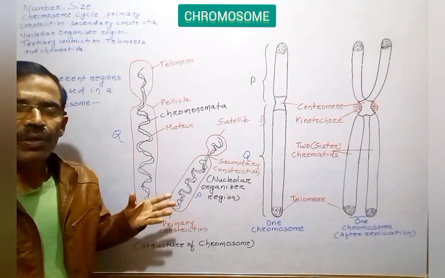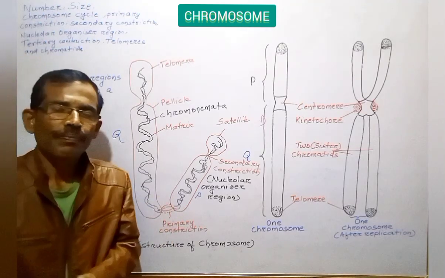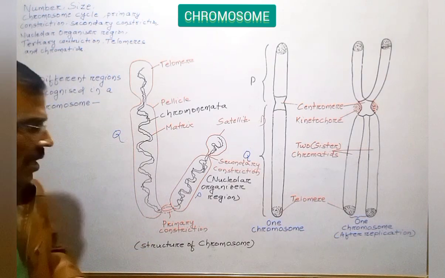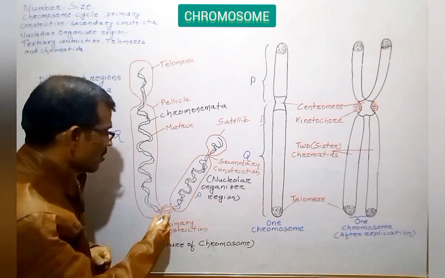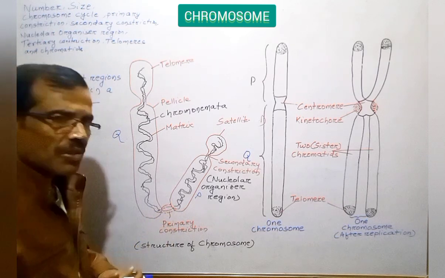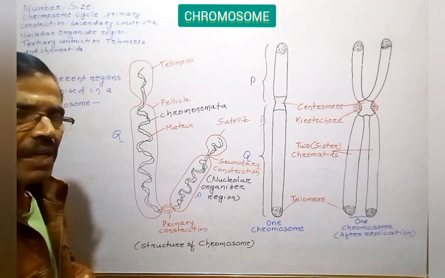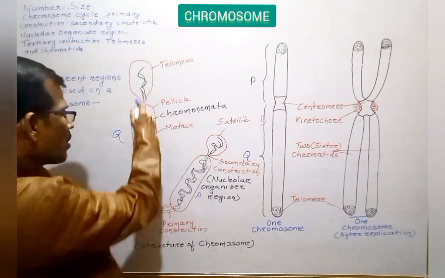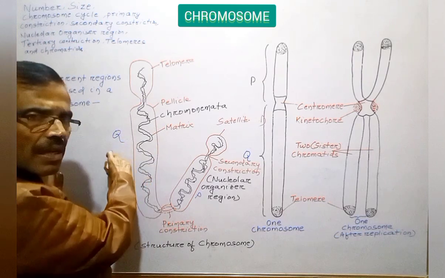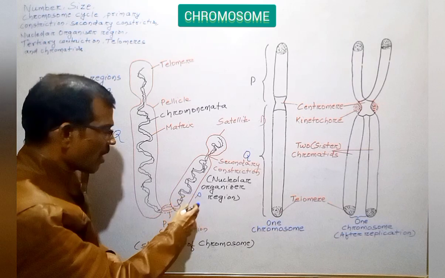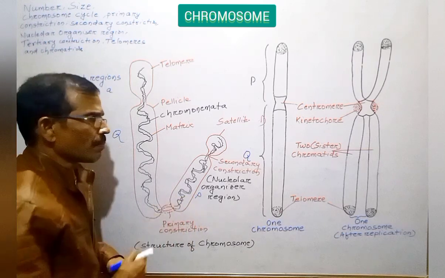Different regions recognized in a chromosome. As already mentioned, each chromosome contains a constricted region called a centromere. It is the primary constriction which divides a chromosome into two arms. The longer arm is designated as Q arm and the shorter arm is symbolized as P arm.